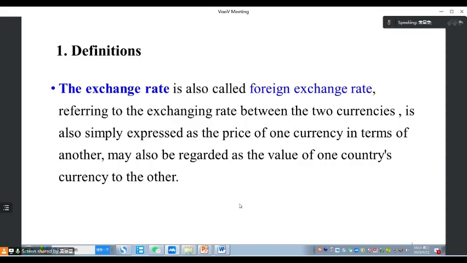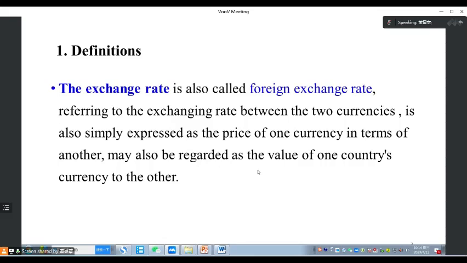Let's see the definitions. The exchange rate, referring to the exchange rate between the two currencies, is also simply expressed as the price of one currency in terms of another.